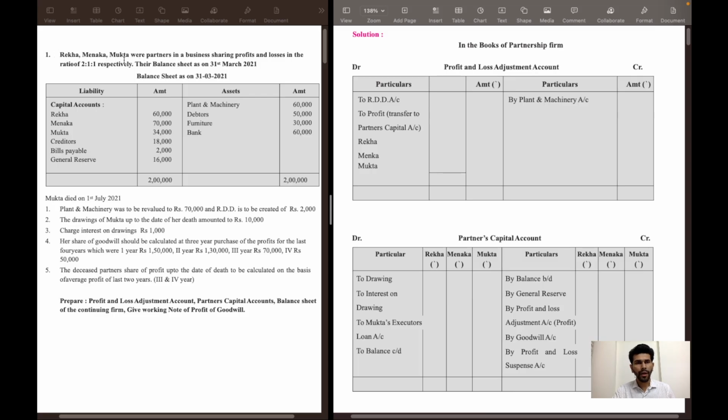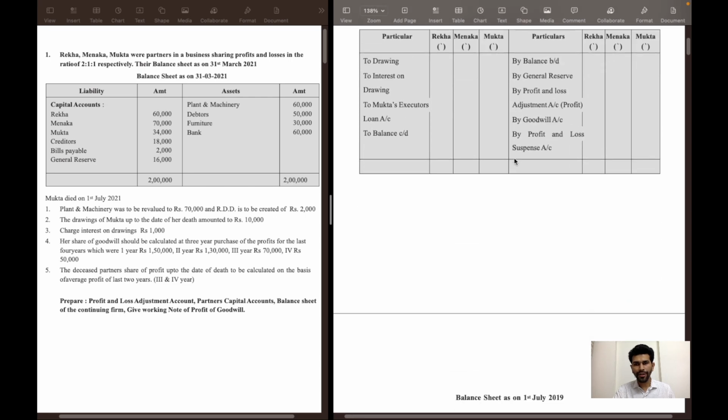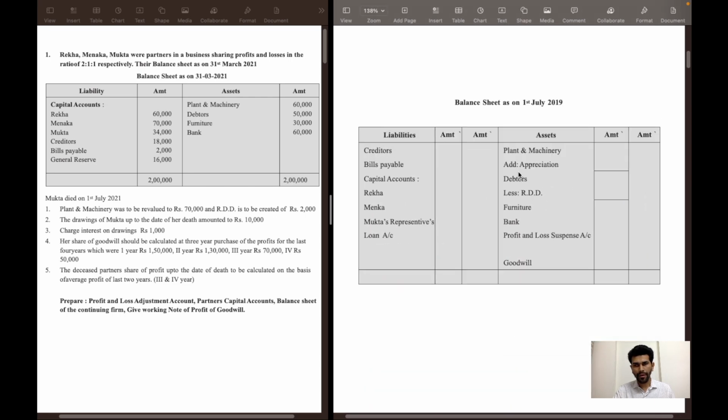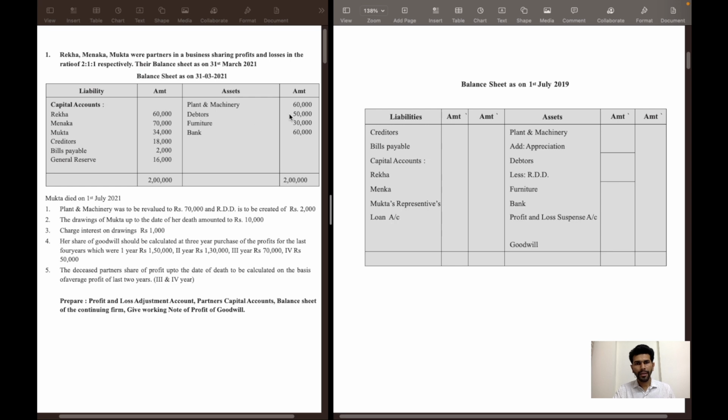Rekha, Menka, and Mukta were partners in a business sharing profit and loss in the ratio 2:1:1. Their balance sheet. Let's record all the transactions in balance sheet first. Plant and machinery 60,000 rupees. There is adjustment in plant and machinery, so we will record it in inner column.